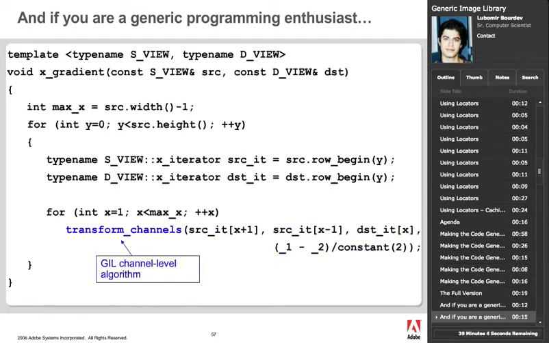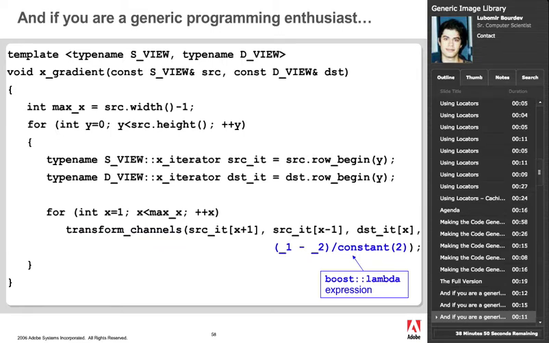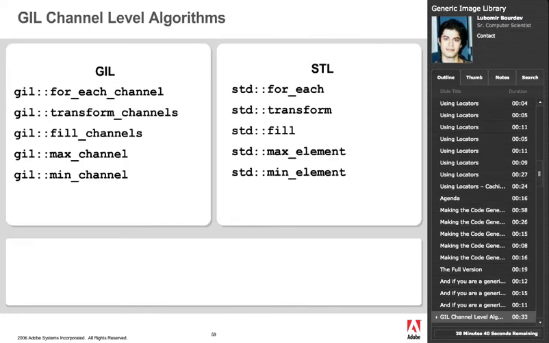In this case, we can use transform channels, which is the equivalent of std::transform. It sets each channel of the destination pixel to the result of applying a binary function over the channels of the source pixels. In this case, the binary function computes the half difference of its arguments. We're using a Boost lambda expression.